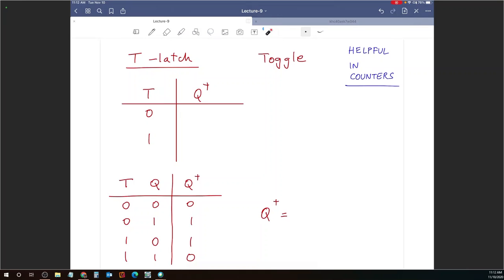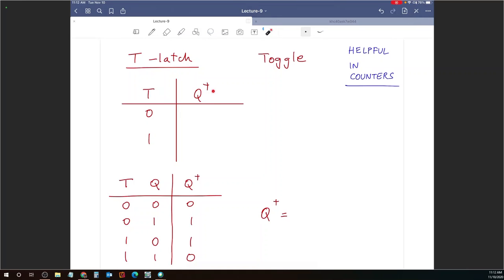So let's talk about the T latch. What is the characteristic table of a toggle latch? Like the D latch, it is just one input, T, and two outputs, Q and Qn.